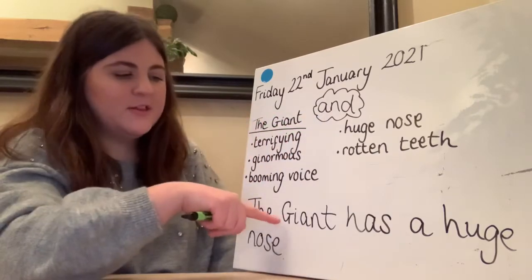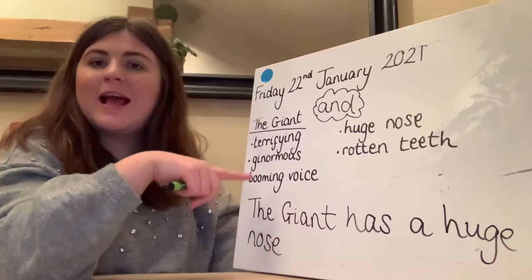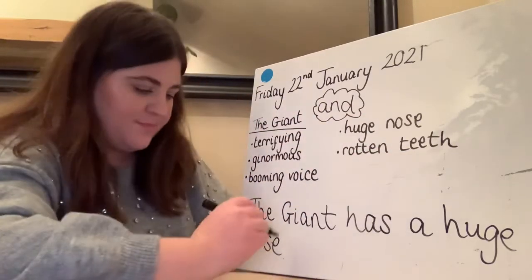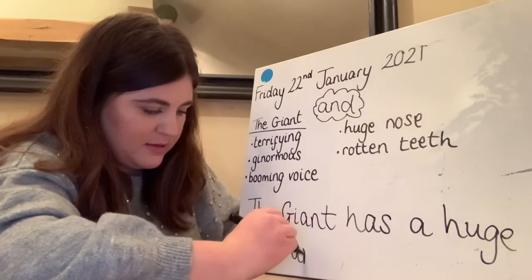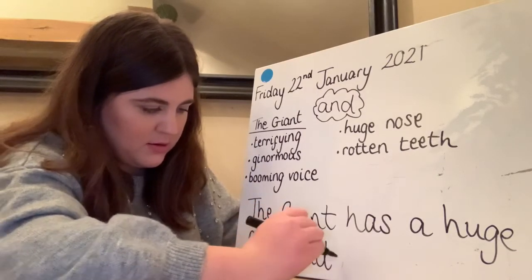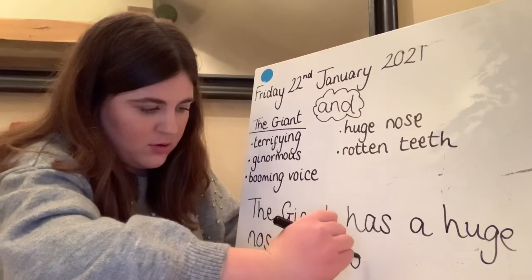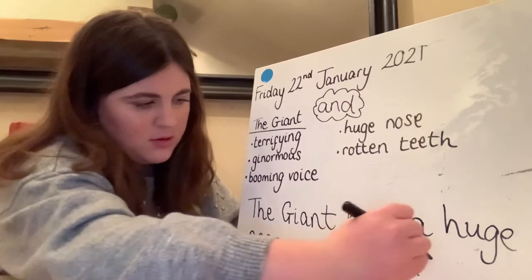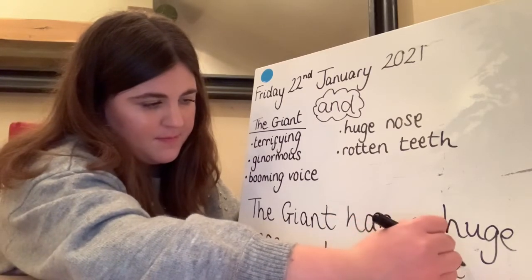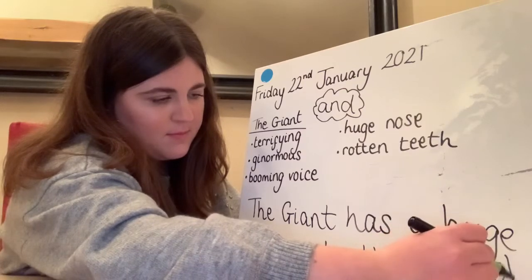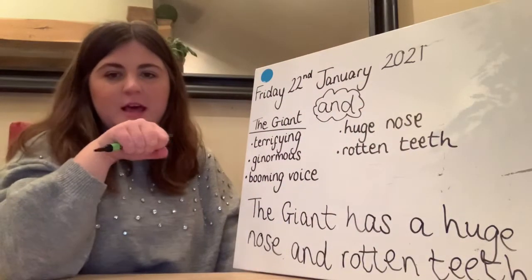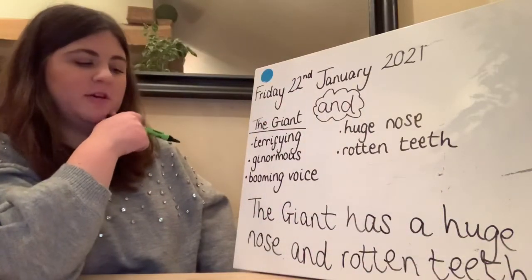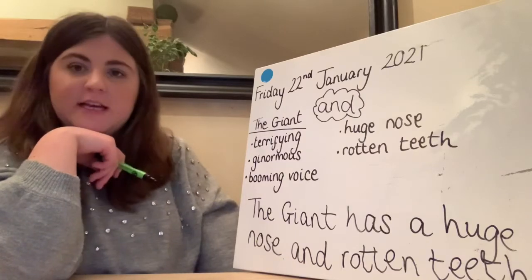And, that's right. The giant has a huge nose and rotten teeth. Then I need to finish my sentence with a full stop. So the giant has a huge nose and rotten teeth.